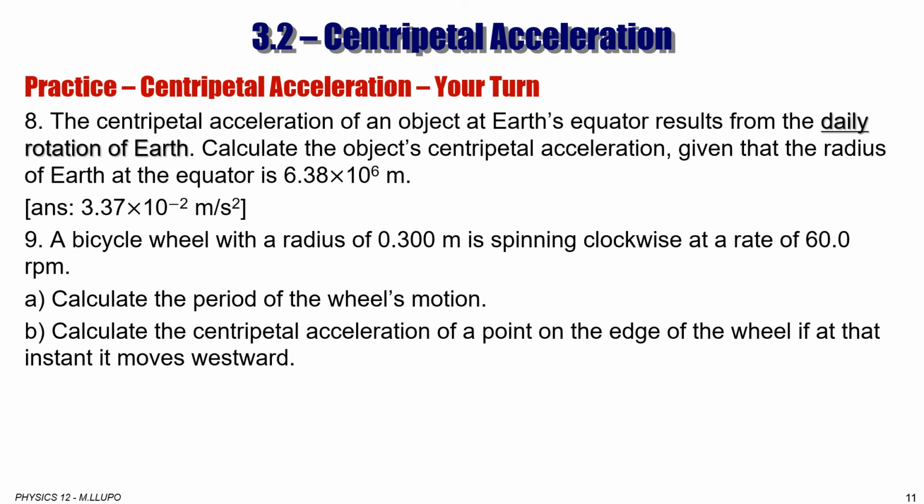Pause the video and solve it. And if you got 1 second for A and 11.8 meters per second squared north for B, you did the right thing. And we reached the end of the lesson. Have a good one.